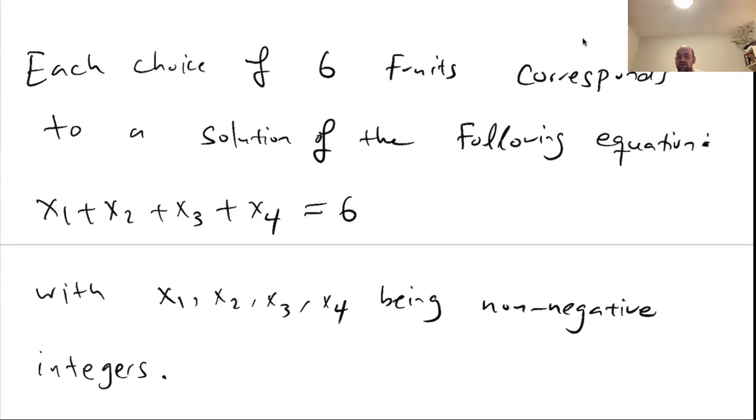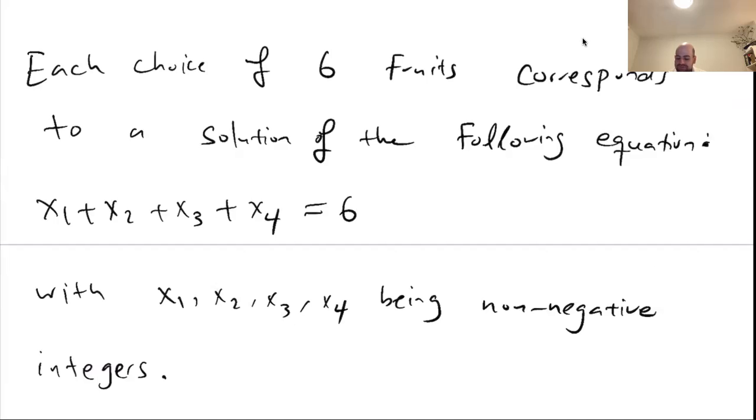But if all the 4 variables were allowed to be any real numbers, then we would have infinitely many solutions. But each variable here is only allowed to be a non-negative integer. So one equation with even more than one variable, as long as the variables have some restrictions, in this case being non-negative integers, may have finitely many solutions. In this case, it has finitely many solutions.